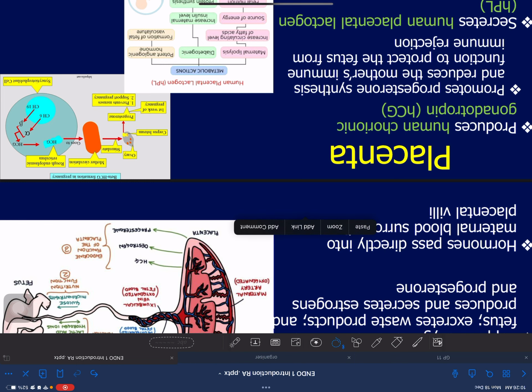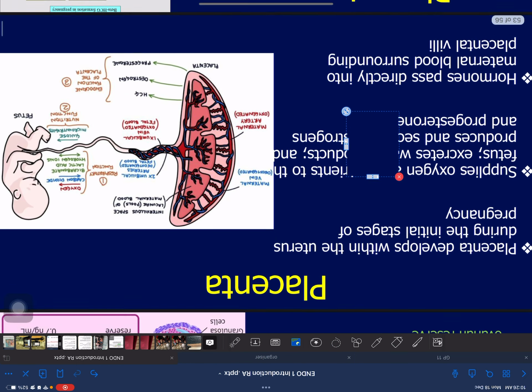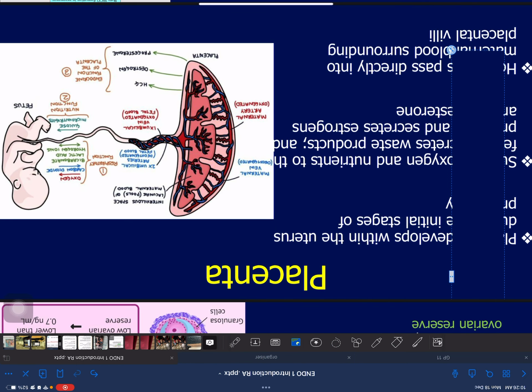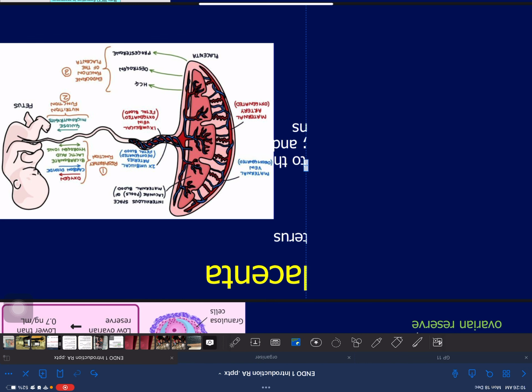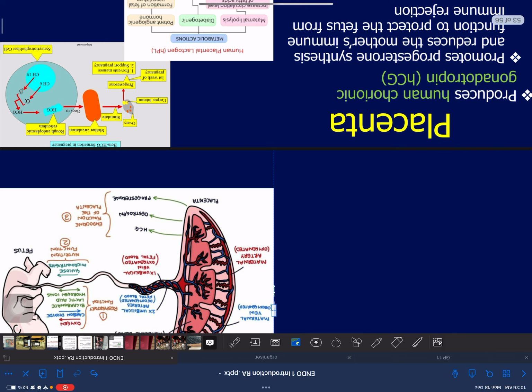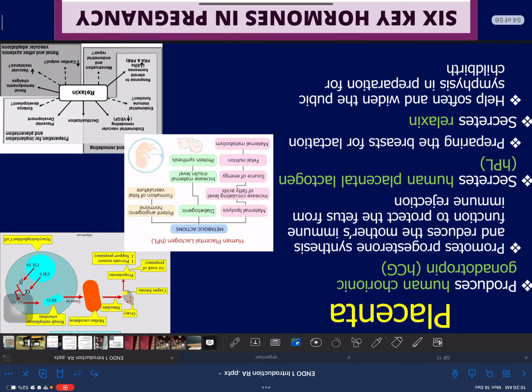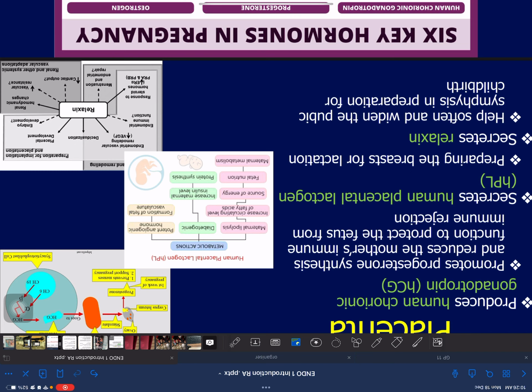HCG promotes progesterone synthesis and reduces the mother's immune function to protect the fetus, and also HPL, human placental lactogen, preparing the breast for lactation and relaxing, for preparation of childbirth. These are the hormones released by the placenta.